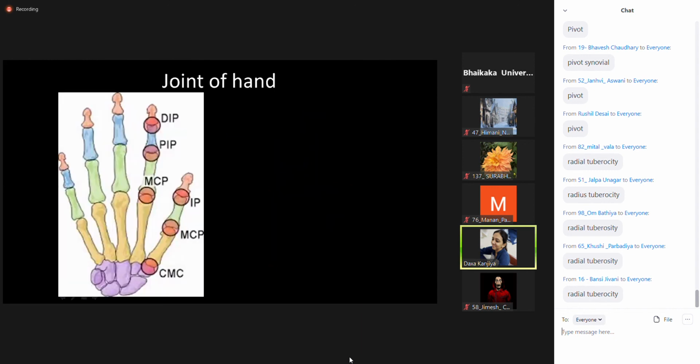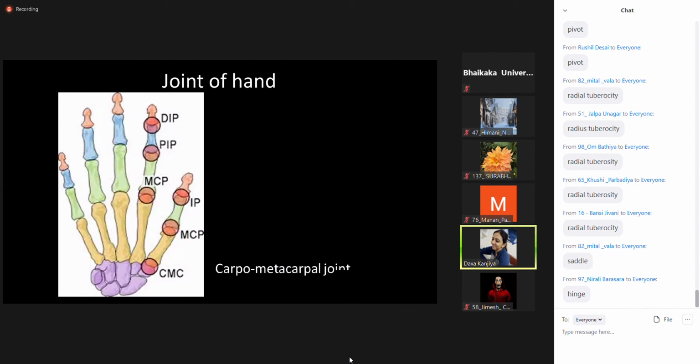Now the joints formed by the bones of the articulated hand. The important joints are the carpometacarpal joints, the joints between the base of the metacarpals and the carpal bones. So what is the type of the first carpometacarpal joint? Hinge or saddle?